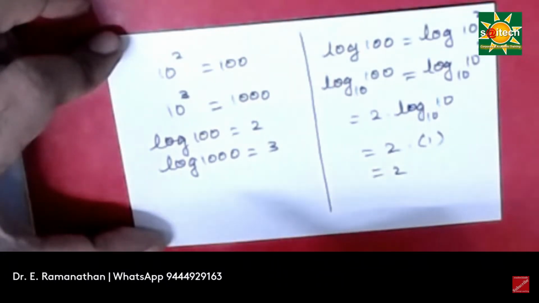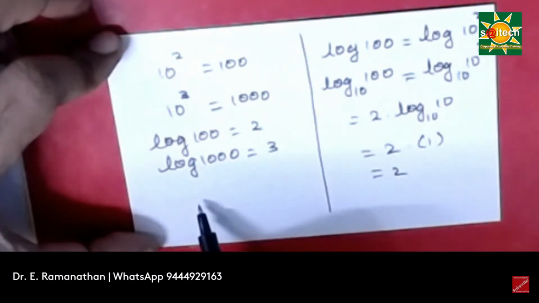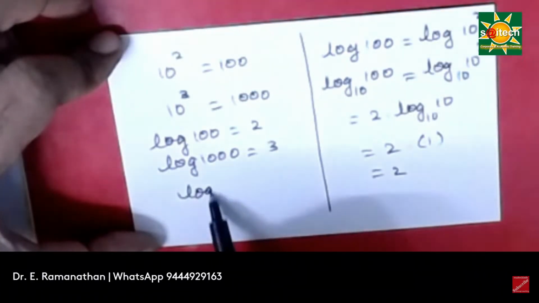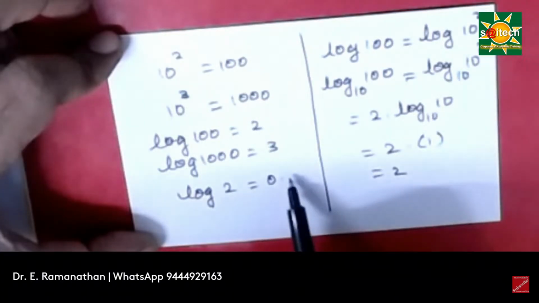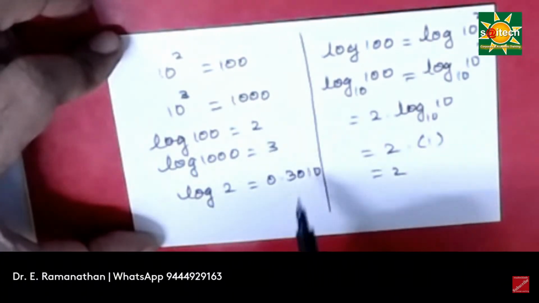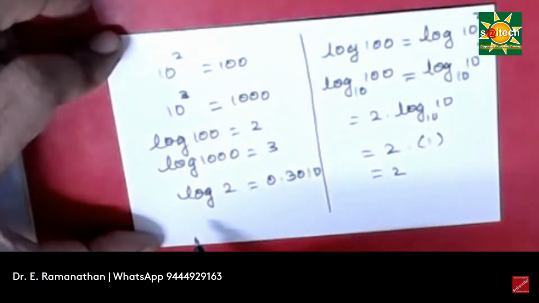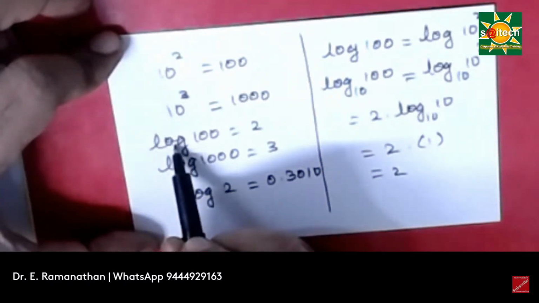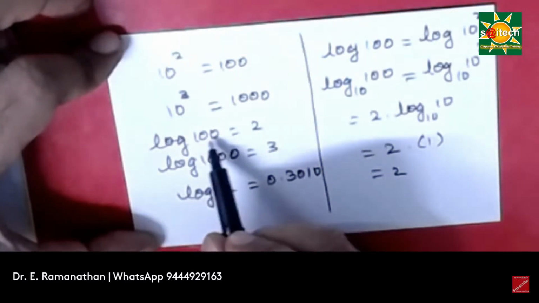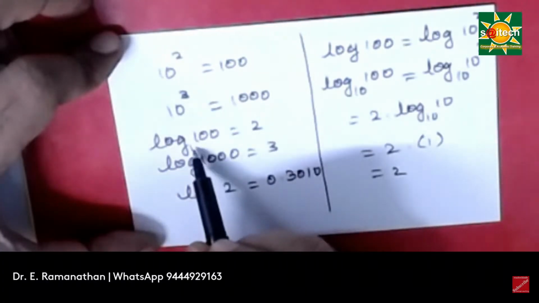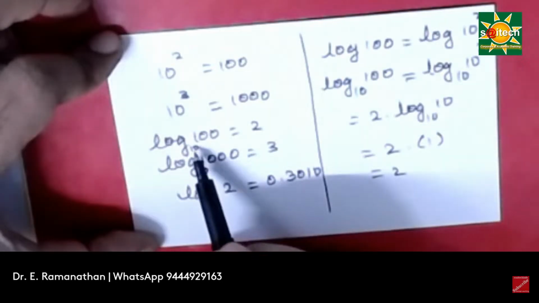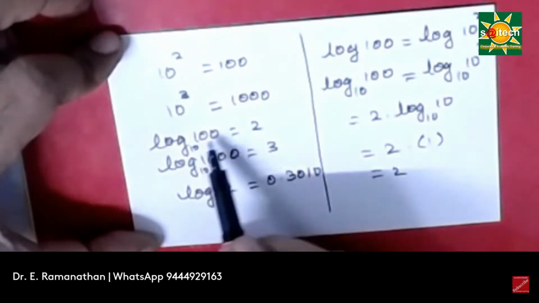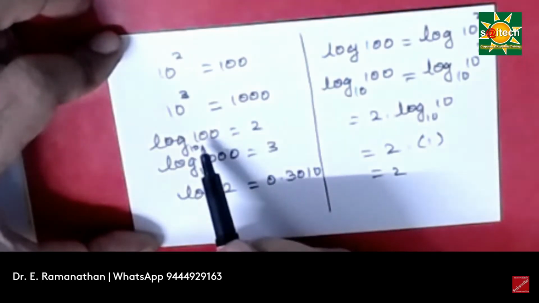Right? Now let me consider log 2. We give the value 0.3010. What do you understand from this? When I write log 100 to the base 10, we can write the exponent form as 10 squared is equal to 100. Do you agree with me?